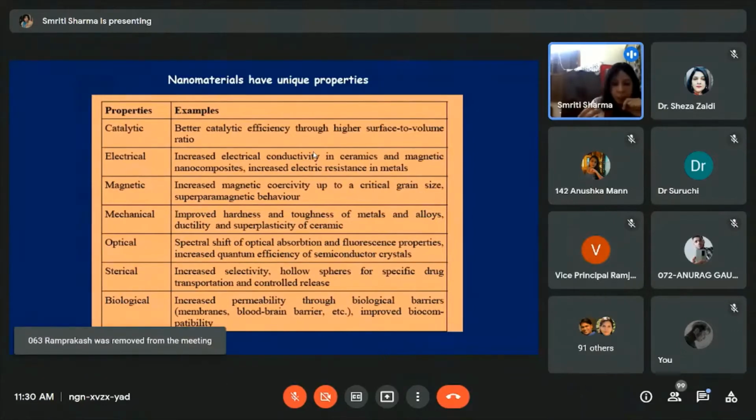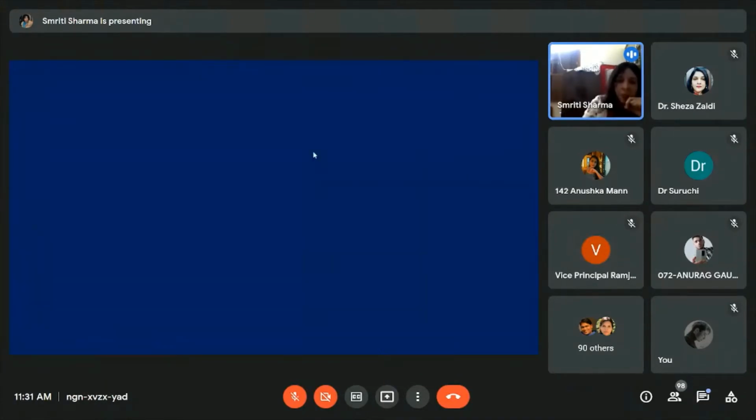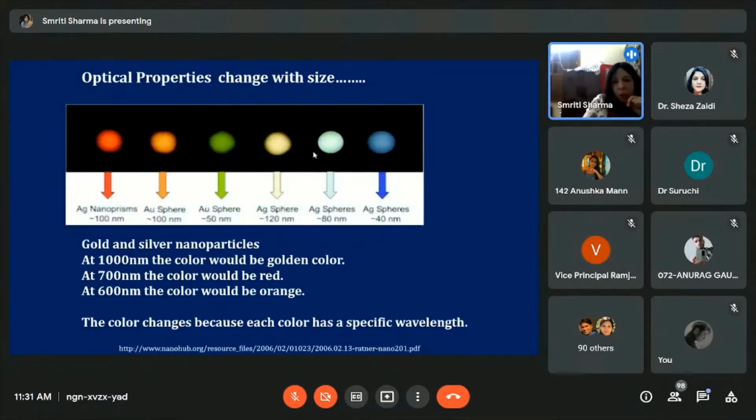Optical properties: we are really using nanotechnology in changing the optical properties of bulbs and all. I'll come to that. Then spherical properties, biological properties, all these things change. To give you one example, this is a very oft-quoted example of change in the optical properties.